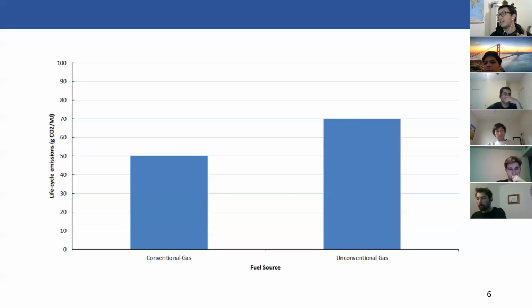And that speaker actually photoshopped out the uncertainty bars, and it totally changed the perception of how you would interpret the emissions impacts.